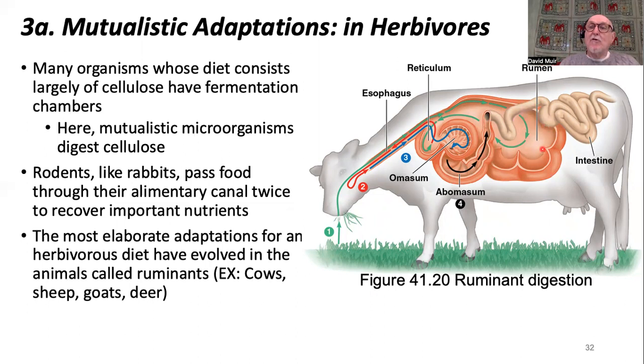So what they're doing is they're growing up microorganisms here, and they are then passing those microorganisms into the rest of the digestive system where they can be digested. In addition, these microorganisms themselves produce things like fatty acids and things like that, which can be absorbed by the organism. As a result, this double chewing and then passing the food through all of these different chambers, the ruminants are able to extract a tremendous amount of nutrient from this really poor food source that they live on.